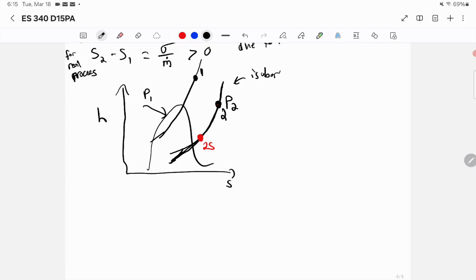So the actual path that this process takes goes from 1 to 2, but I could imagine a case where I had done this isentropically, right? Which is this state right here. If I go vertically straight up and down, I know my drawing is not great, back down to that pressure, then this is my 2S state.